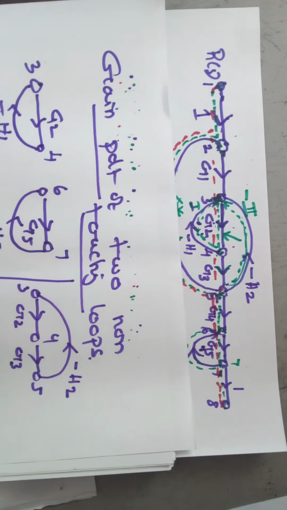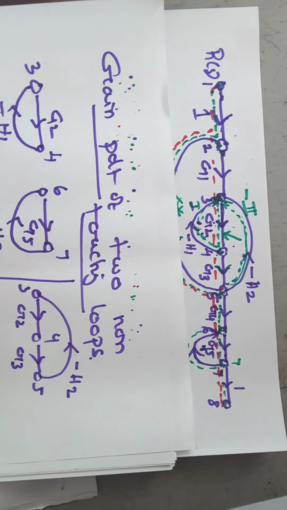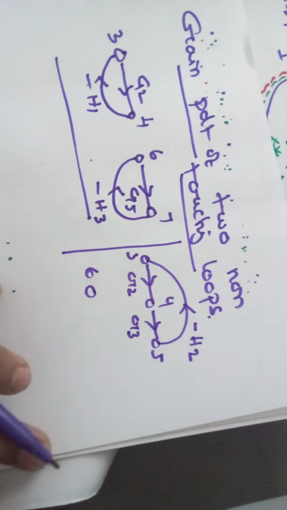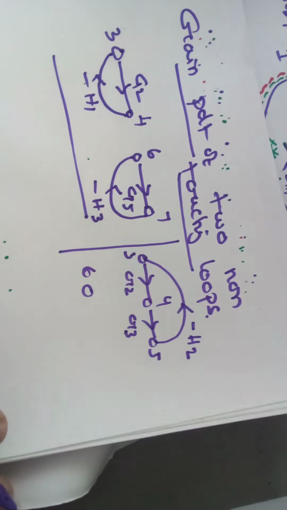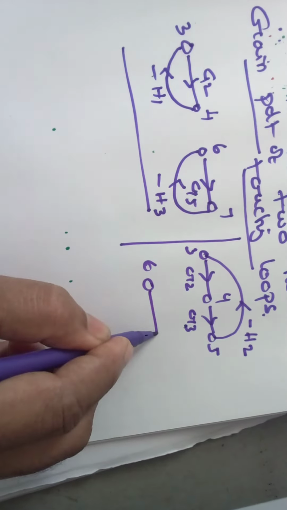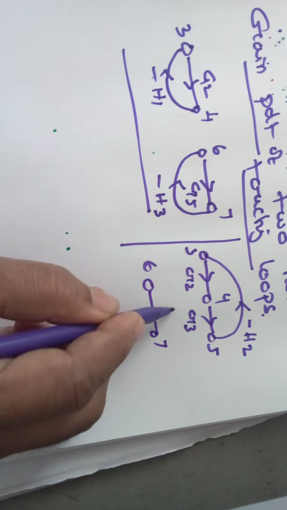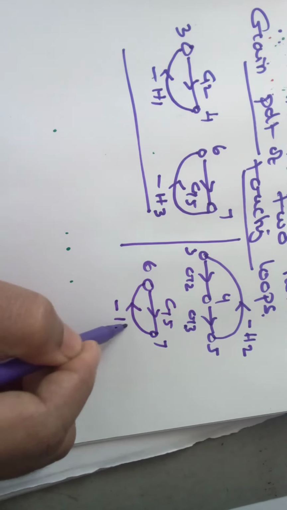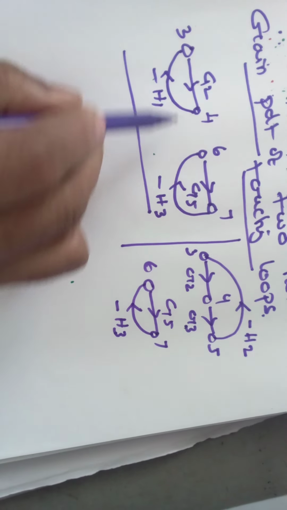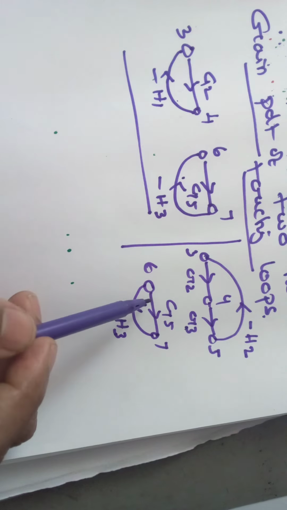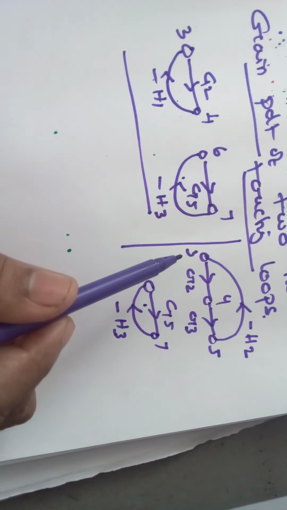This is not touching the last loop, which is from node number 6 to node number 7 with a forward gain of G5 and a feedback gain of minus H3. These two are not touching. So these are the combinations of two non-touching loops.